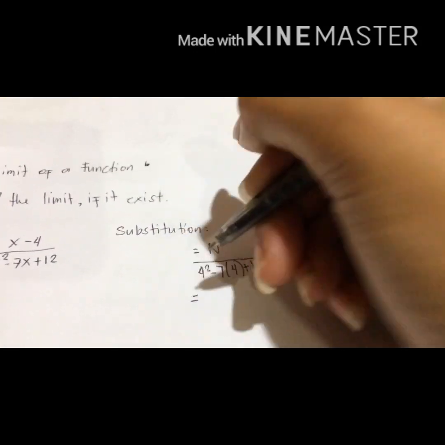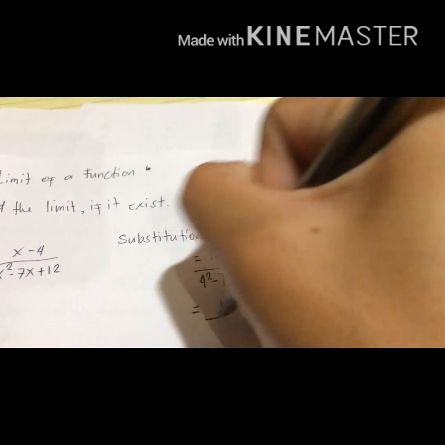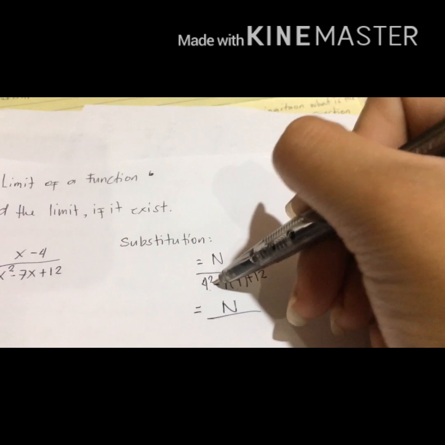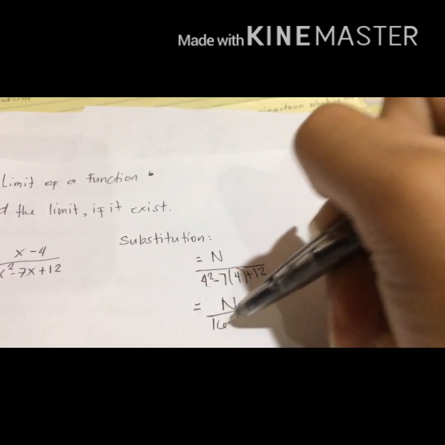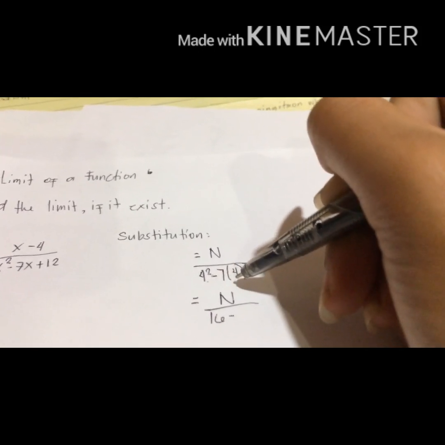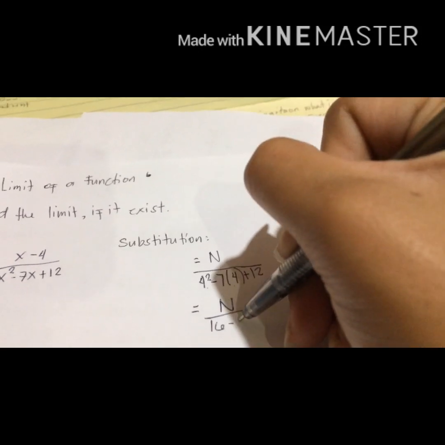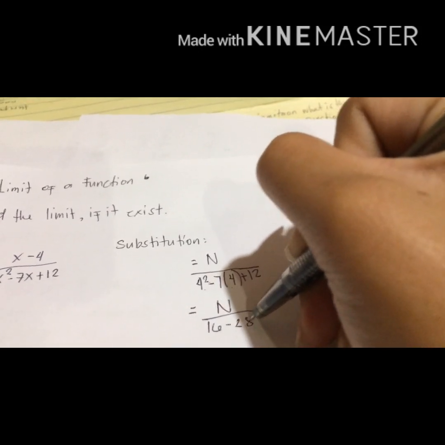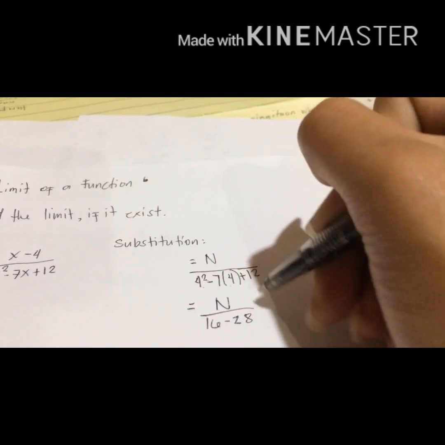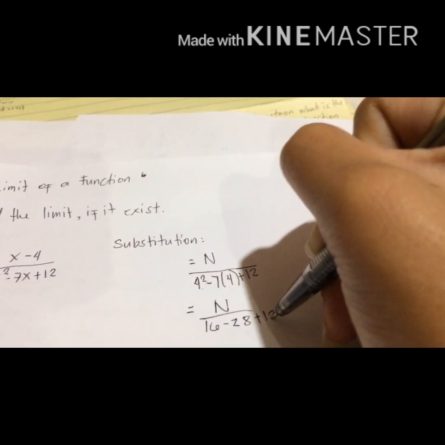So, 4 squared is 16, minus 7 times 4 is 28, plus 12.